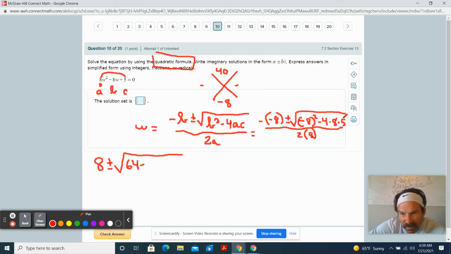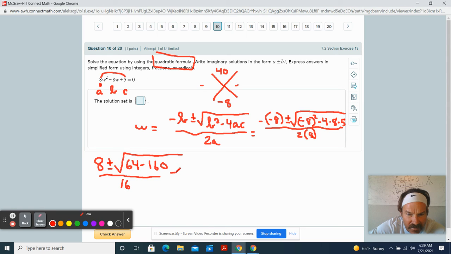I'm going to go 4 times 5 times 8 because I can do this in my head. 4 times 5 is 20, and 20 times 8 is 160. And this is over 2 times 8, which is 16.